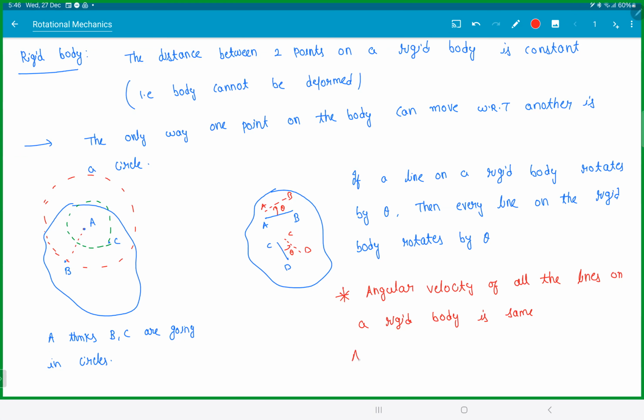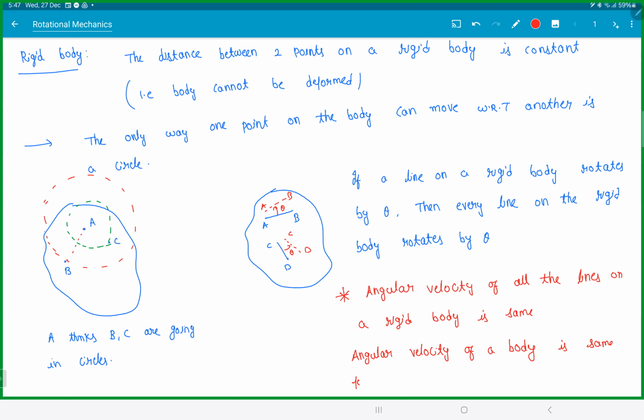We call this the angular velocity of a body. It's the same for all lines.